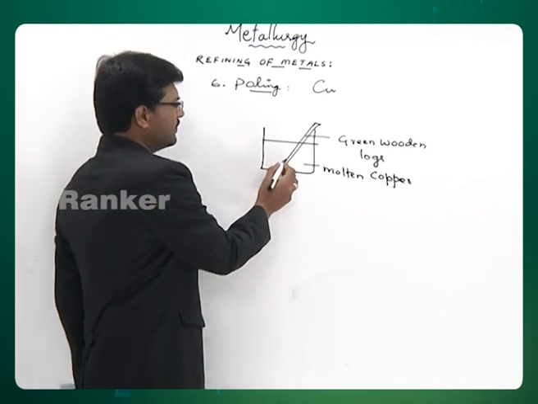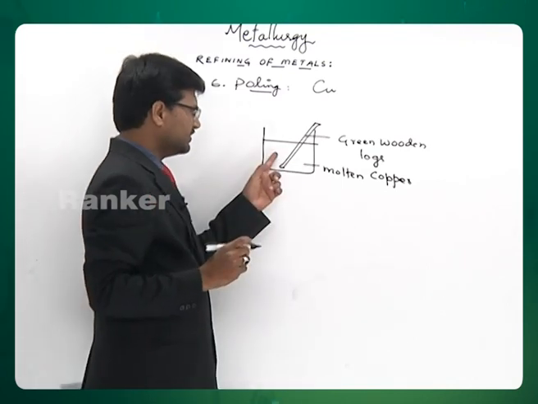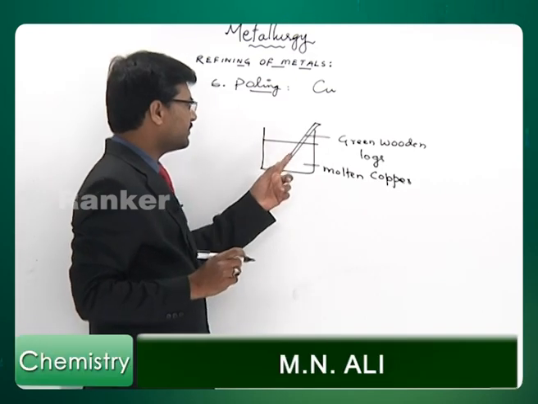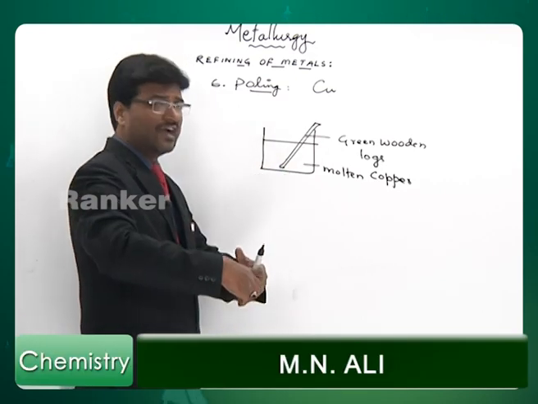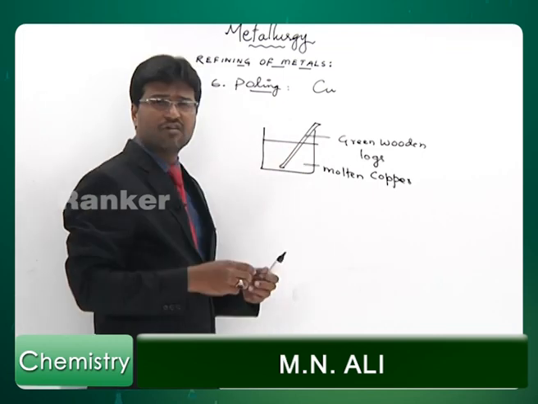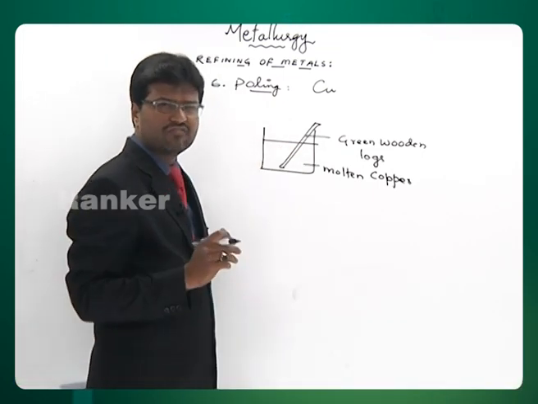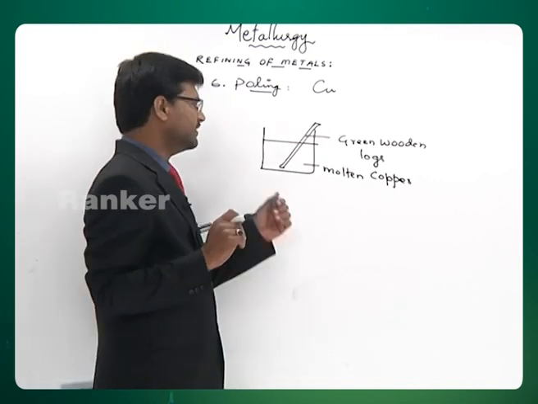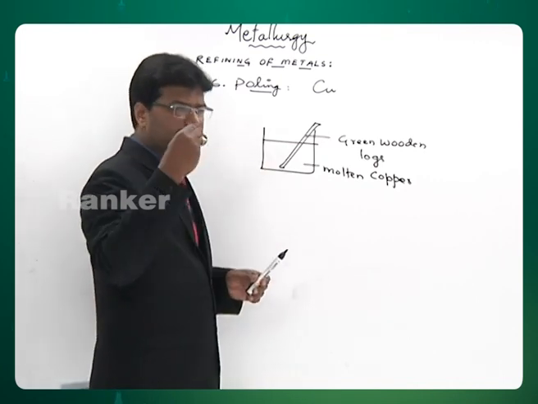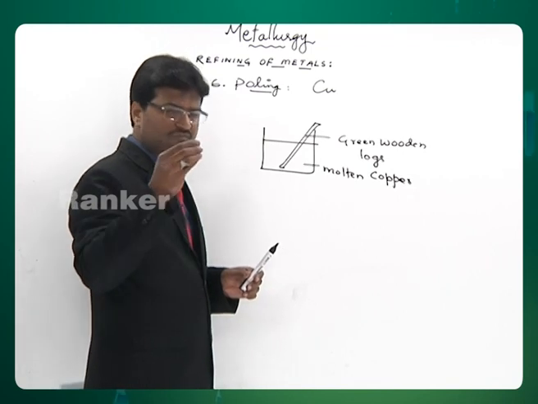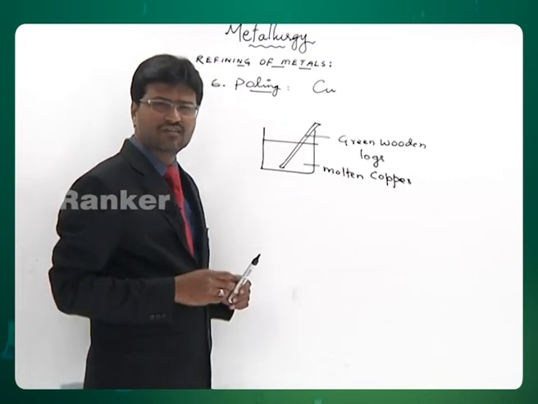The heat of the molten copper will allow the hydrocarbons of the green wooden log to come out, and when they come out, they cause reduction of copper oxide to copper, and this oxygen will burn the hydrocarbons present in the wooden log, and that comes out as volatile fumes.